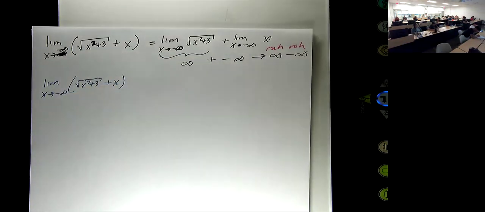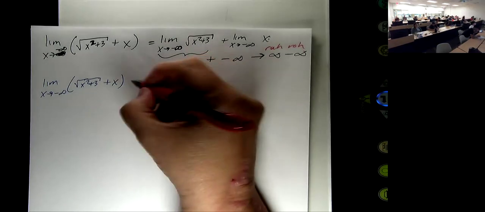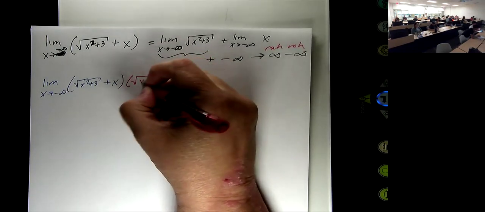What we're gonna do is multiply by the conjugate, and we're gonna do it on top and bottom.